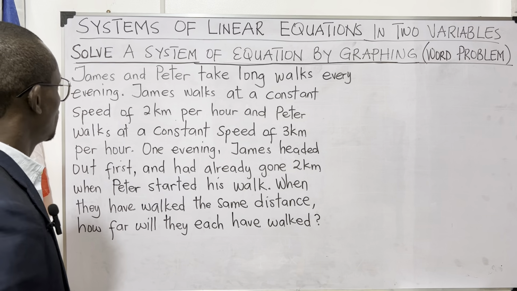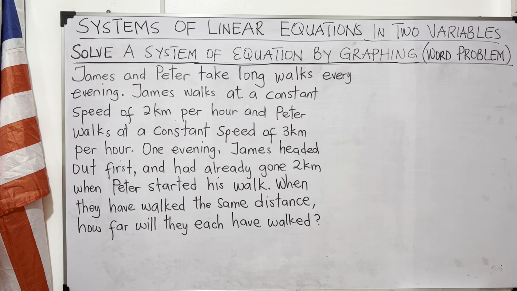The problem says James and Peter take long walks every evening. James walks at a constant speed of 2 kilometers per hour, and Peter walks at a constant speed of 3 kilometers per hour.